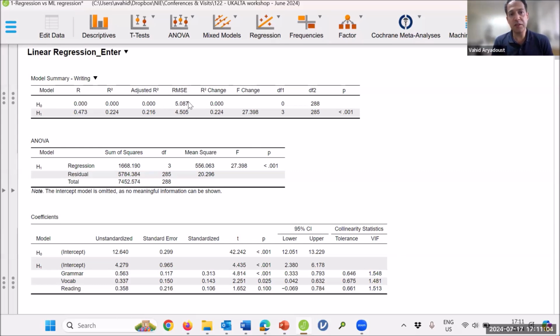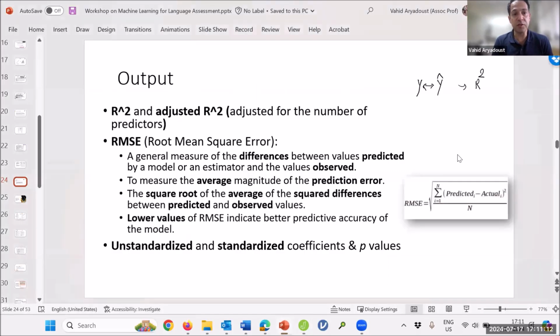You may not have seen this a lot in many papers in language testing, but it's a very useful index. If you want to go back to the definition, let me just look at the mathematical terms. I prefer this really than just reading the definition. You see, it's predicted minus actual, so it's basically y hat minus actual y, squared.